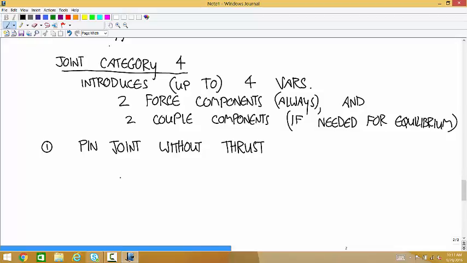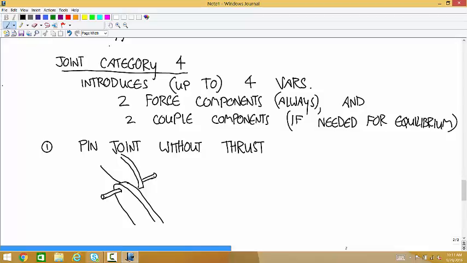So you can think of that as one body connected to another body by a pin, but there's no flanges on this pin to prevent them from sliding along the pin relative to each other.